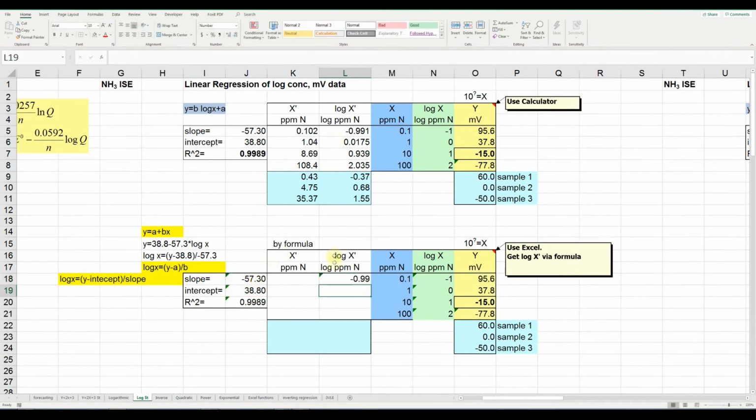Same value as above. Now we need x prime. That'll be the anti-log of the log, so that's equal to 10 raised to the power of the log. Enter. Same value. Let's select them all, drag all the way down. Same values. Very easy in Excel to do, right?